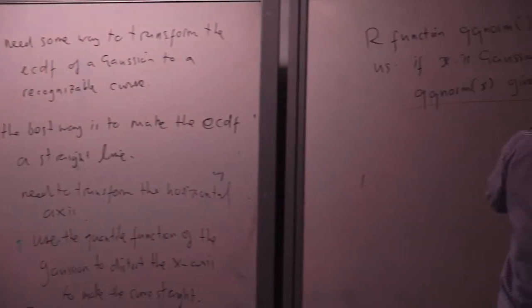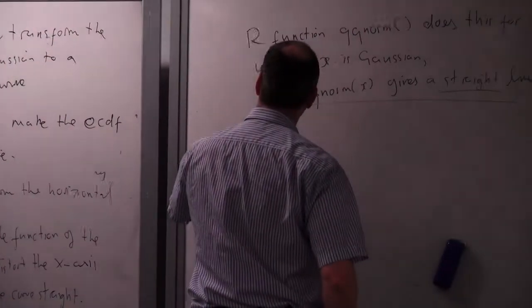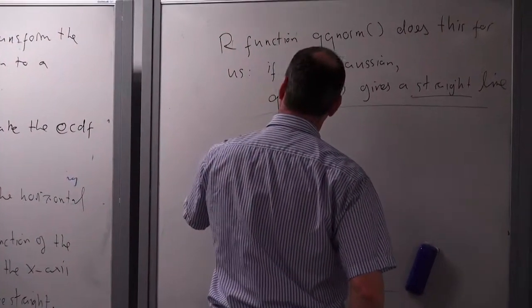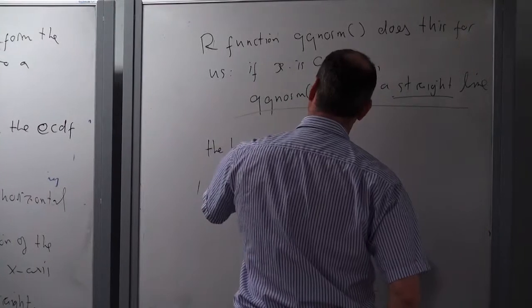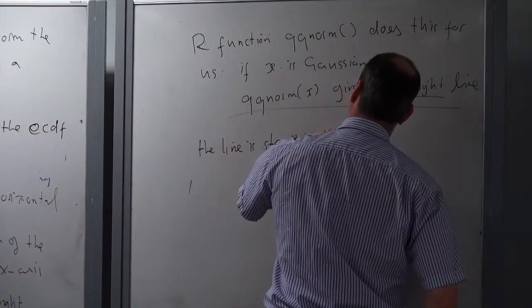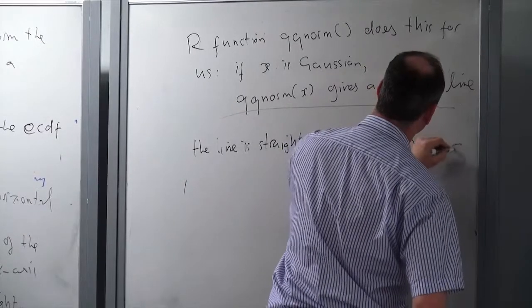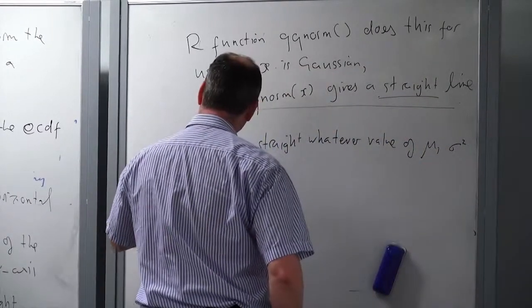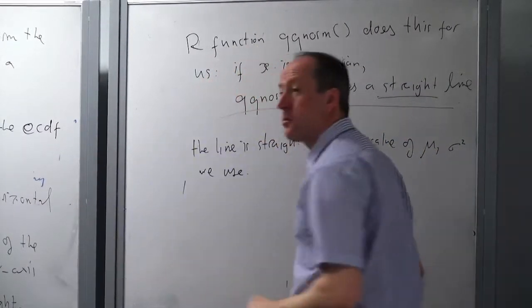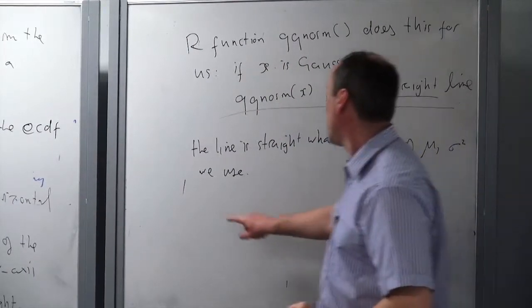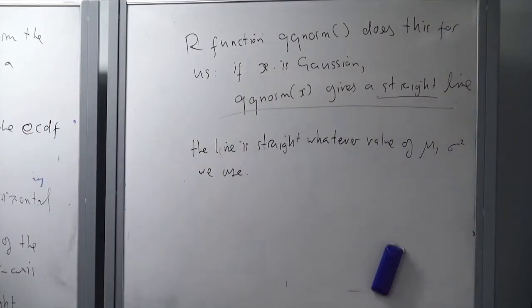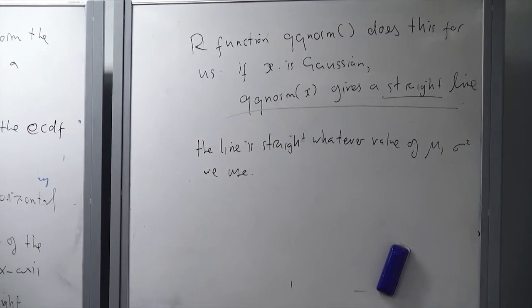It gives a straight line. The line is straight whatever value of mu and sigma squared we use, which is a pleasing feature. Again, you don't normally get that with other distributions, the badly behaved ones that I've alluded to. You don't have this nice functionality where you can plot things on any axis at all in a straight line.